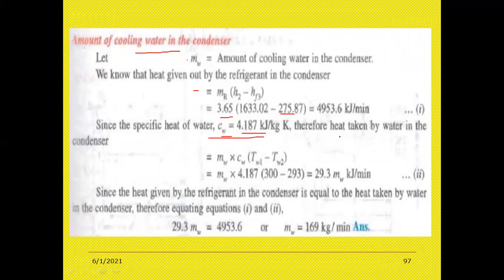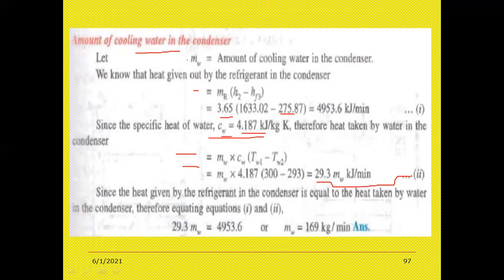Therefore, the heat taken by the water in the condenser is equal to MW into CW into TW1 minus TW2. So upon substituting the values, MW into 4.187 into 300 minus 293, that is equal to 29.3 MW kilojoules per minute, right?